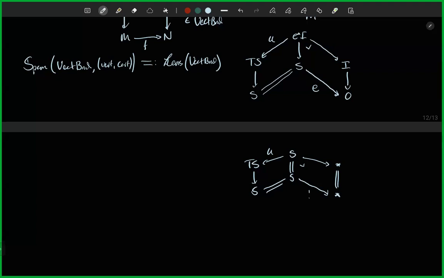So in other words, this is a section of the tangent bundle, i.e. a vector field, i.e. we have ds/dt equal to u of s, as we saw earlier on in the series.